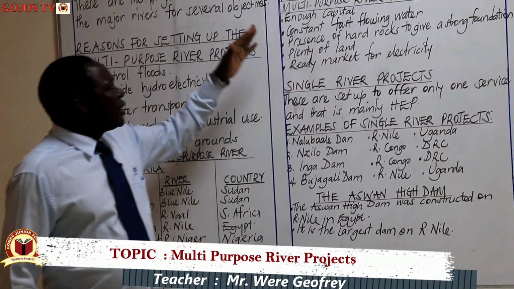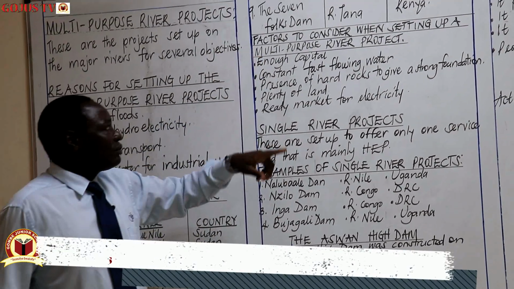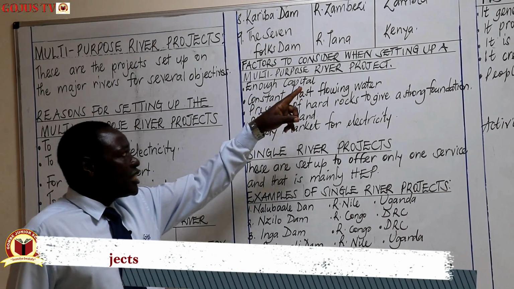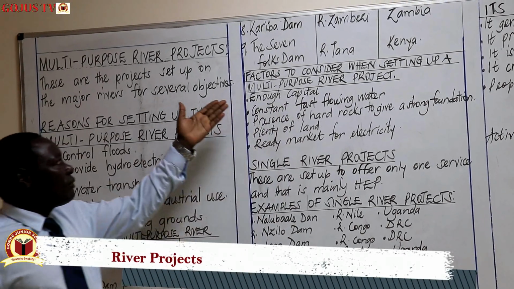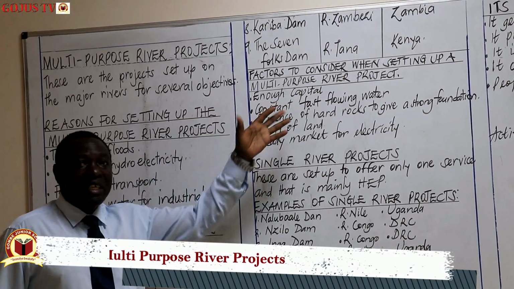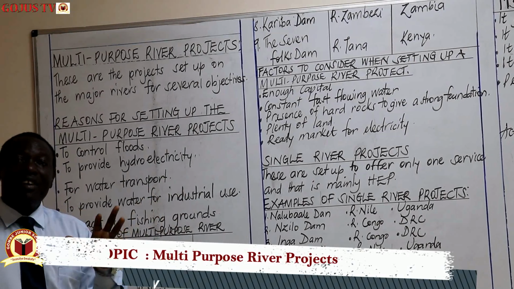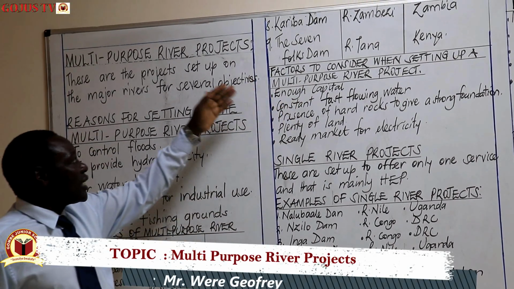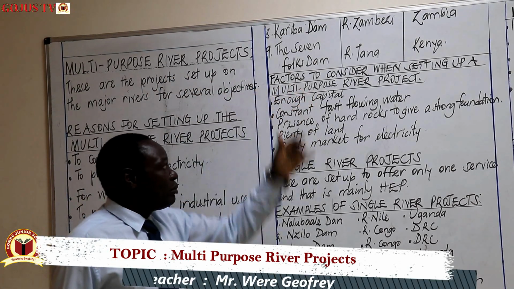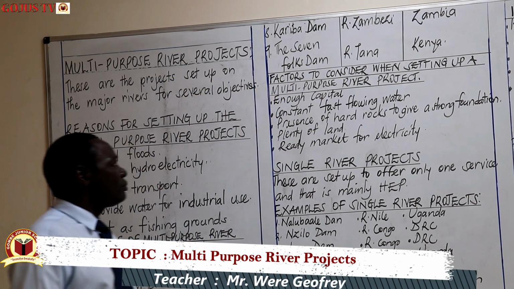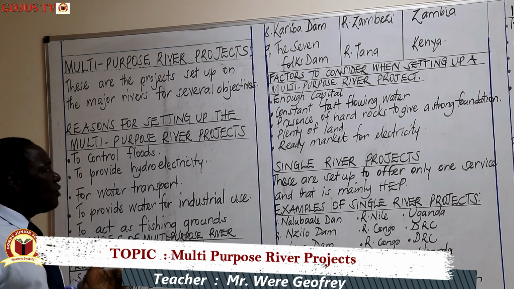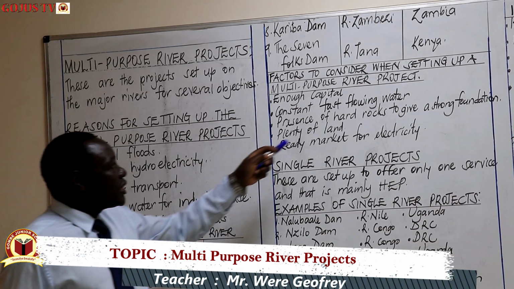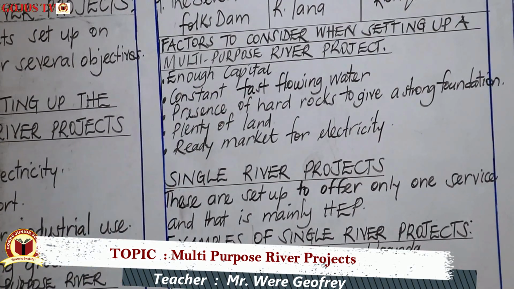We have also the Seven Forks Dam on River Tana. This is in Kenya. Why do you call it Seven Forks Dam? It has 7 dams on one river. That's why it's known as the Seven Forks Dam. It's located in Kenya.